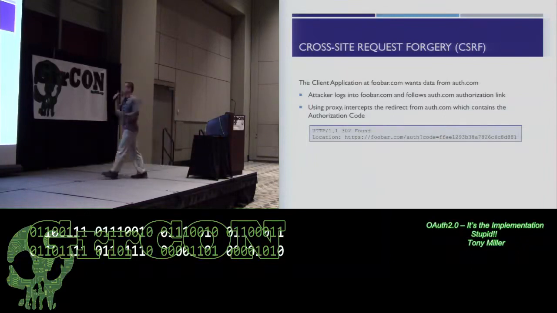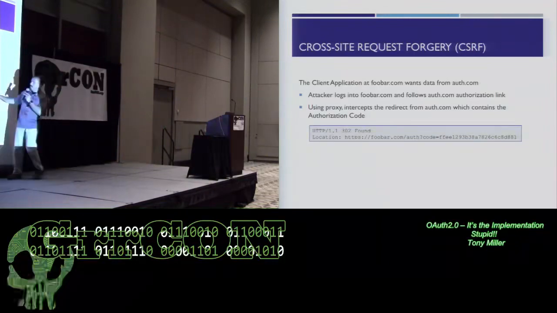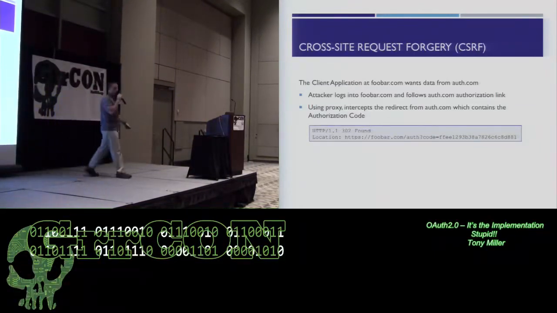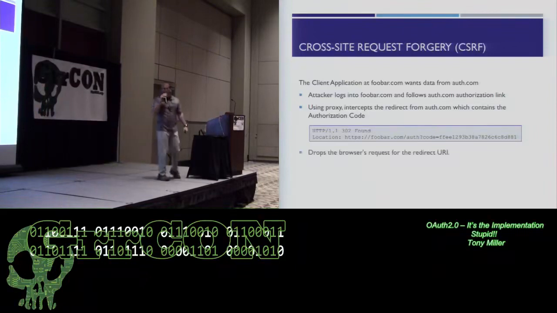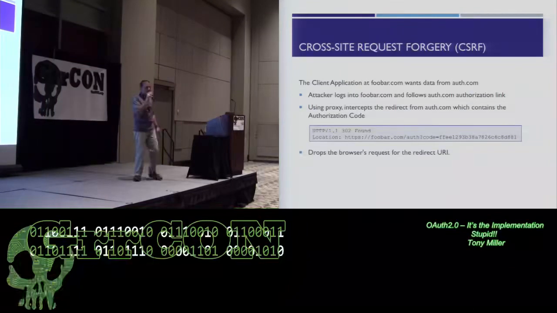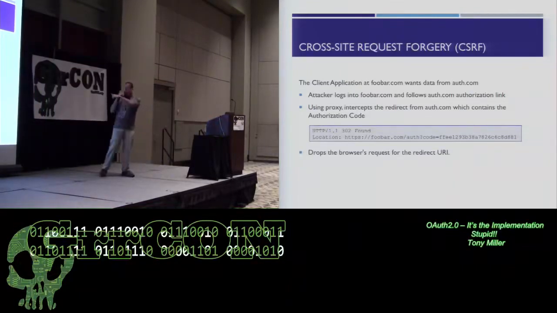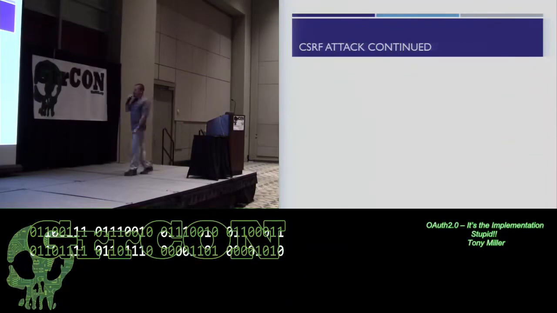There it is right here. If you guys can't see it, I know it's kind of small. This big cool string right here. All right, so that's my authorization code. Sweet. Now I drop that URL, or the browser's request for that URI. I don't want the browser to request that because that should be a one-time use item. Okay? So, now I've got that cool URL.